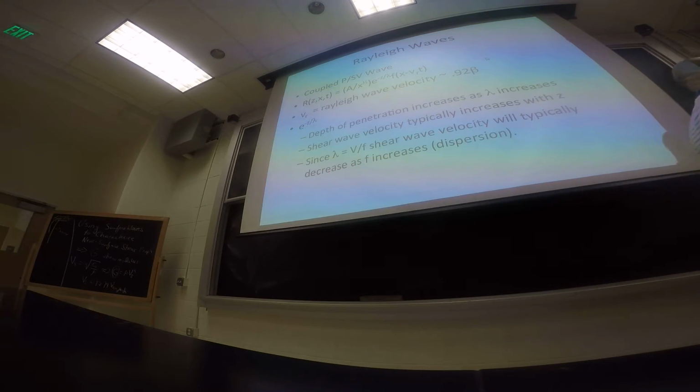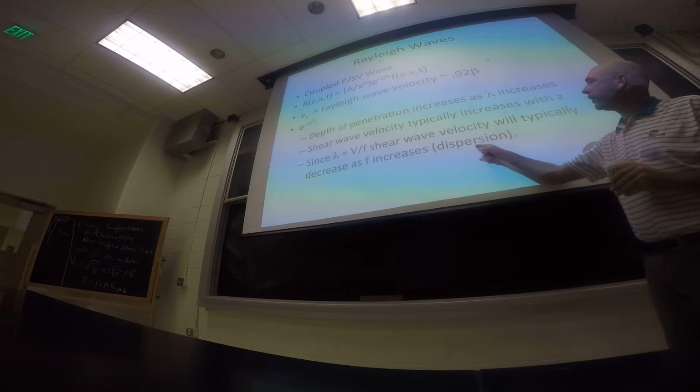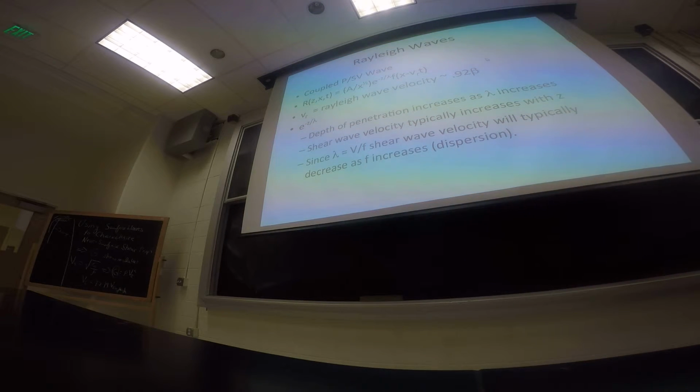And again, the key characteristic of this Rayleigh wave is that it exhibits velocity dispersion. All that dispersion means is that the shear wave velocity, or the Rayleigh wave velocity, changes with frequency if the actual soil velocity changes with depth.